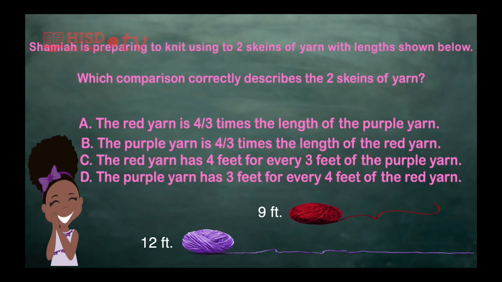So D is basically C flipped backwards. It's saying the same thing. It's saying that the purple yarn has less feet and the red yarn has more feet. So my best choice is B. The purple yarn is 4/3 times the length of the red yarn. And for all you math scholars out there that work diligently along with me, I am pretty sure you guys got the answer B.